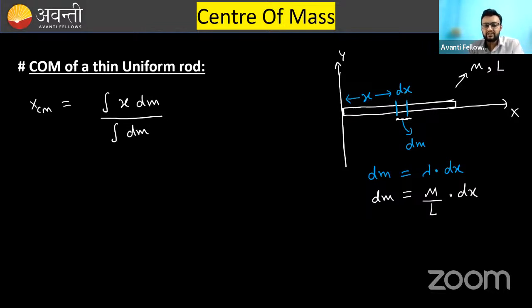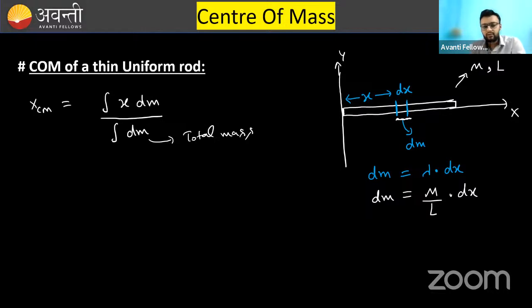You can remember it very easily. dm is the mass of the element, x is the position of the center of mass of the small element, and integration of dm means total mass.